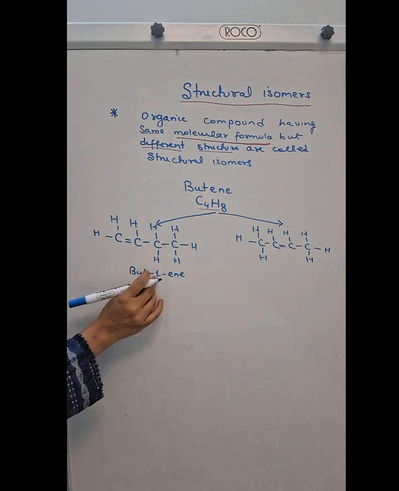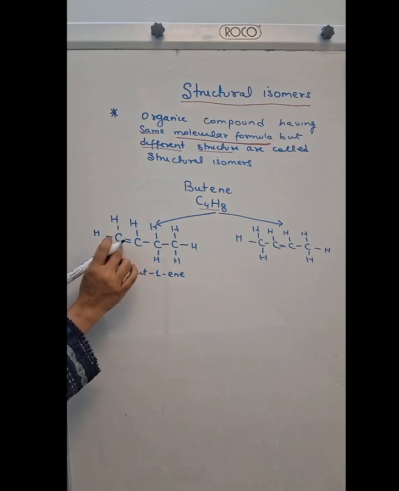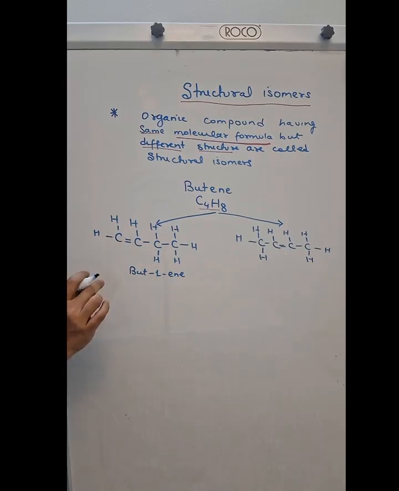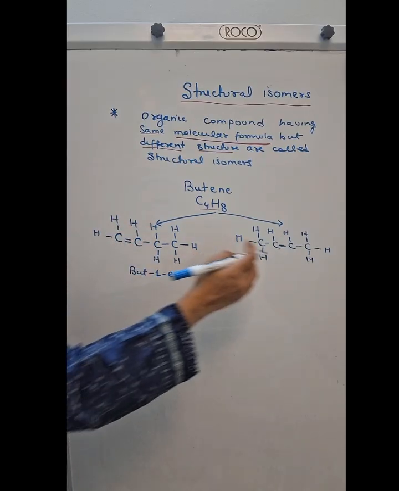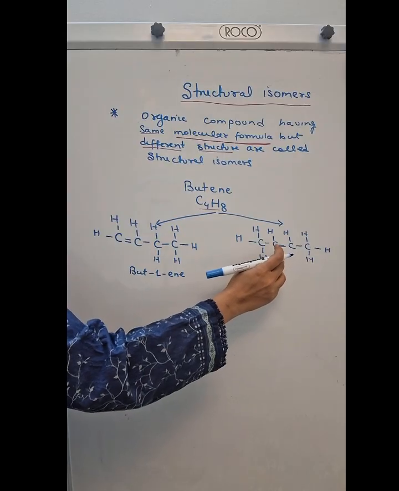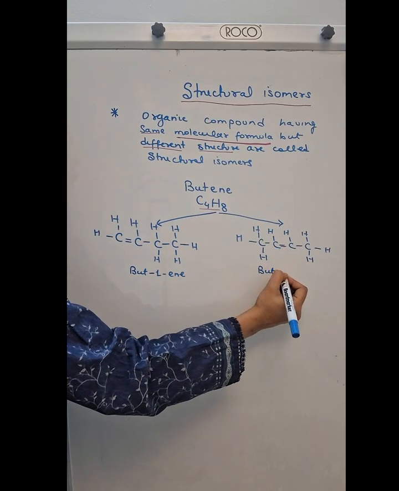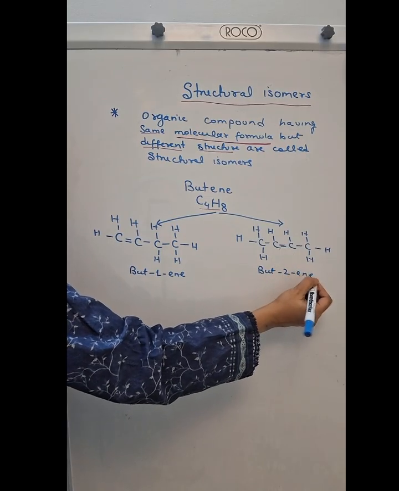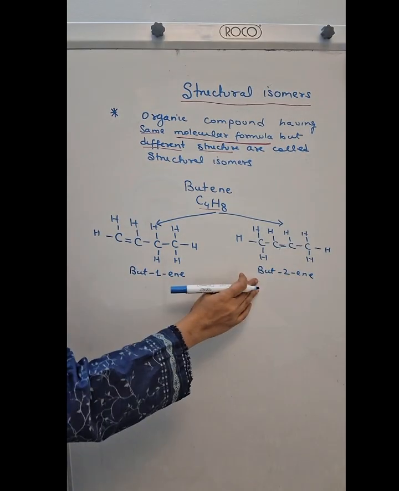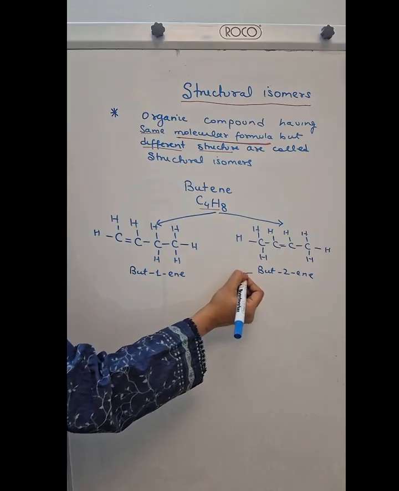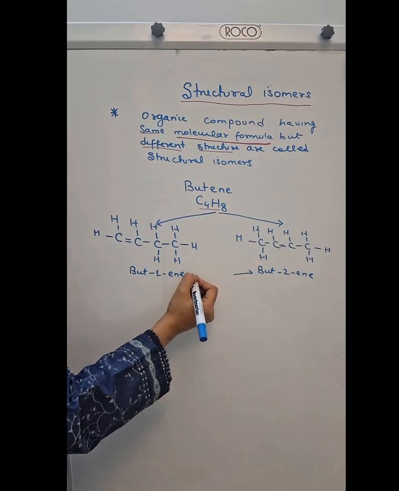That means this indicates that the double bond is present between first and second carbon. Since we are indicating the carbon number here, the double bond is present in second and third carbon, so we will name it but-2-ene. And this but-1-ene and but-2-ene are isomers of each other.